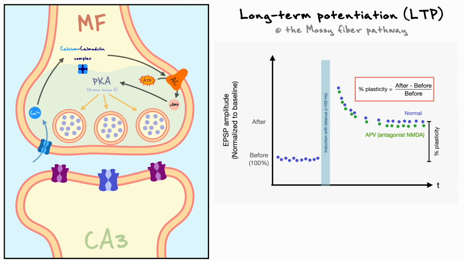Now, if we do the electrophysiological experiments with a PKA inhibitor, you will see that the LTP now does not occur. Furthermore, due to the fact that the postsynaptic cell is not engaged, this form of LTP is said to be not associative.